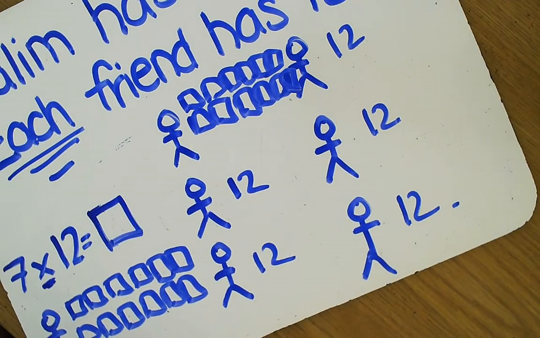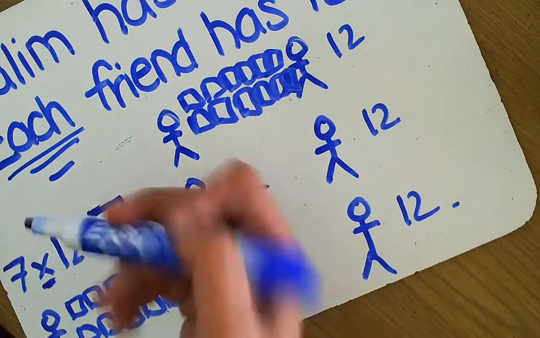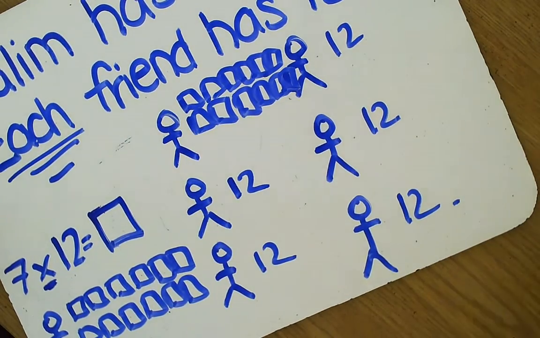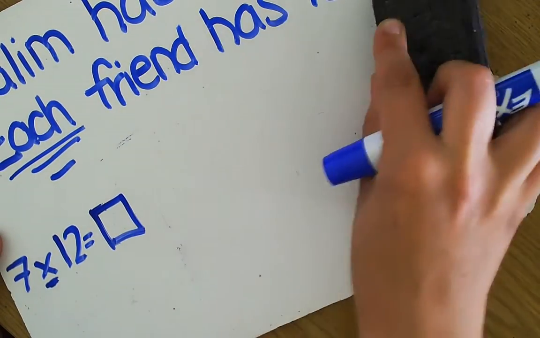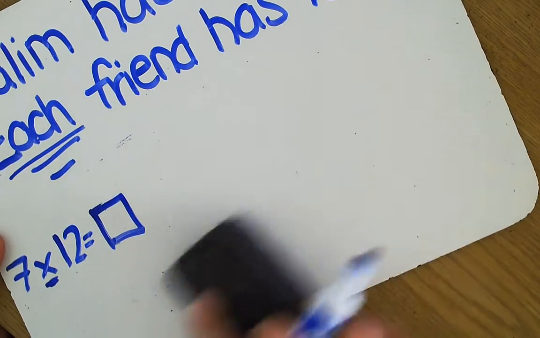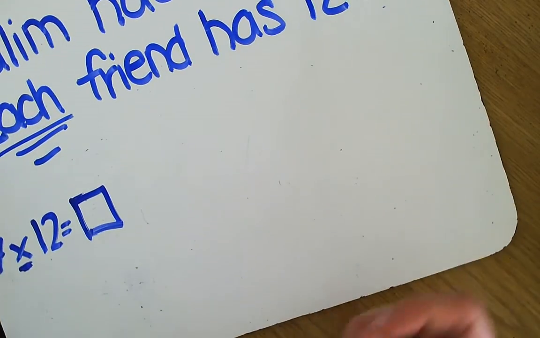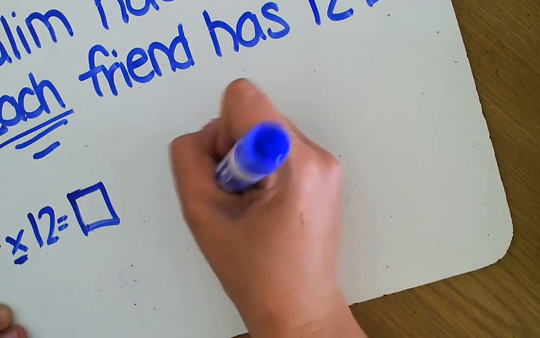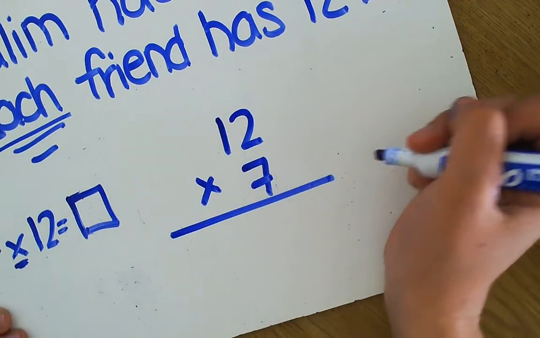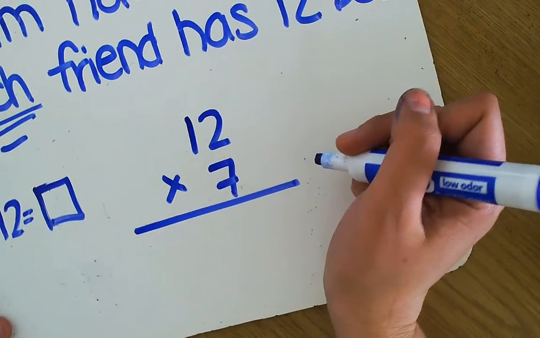So in the purpose of this, we could take that equation and we could use it to help us solve the problem. I'm not going to draw out that many counters because that personally is not a strategy that I like to do, but it might work for some people. But I'm going to use my 2 by 1 digit multiplication to solve this because I am really good at that.